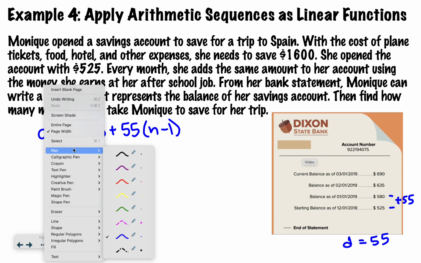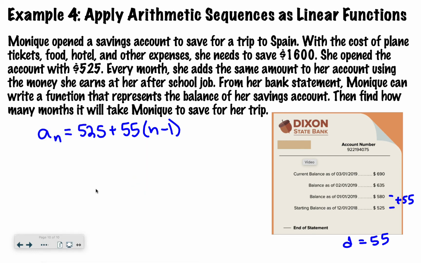Then the next part of this problem is just slightly different than what we've done so far. The second part is, what if we don't know what term we're trying to find? So if we know that the total is $1,600, you plug that in to the a of n, and then you'd say 525 plus 55, and then n minus 1.